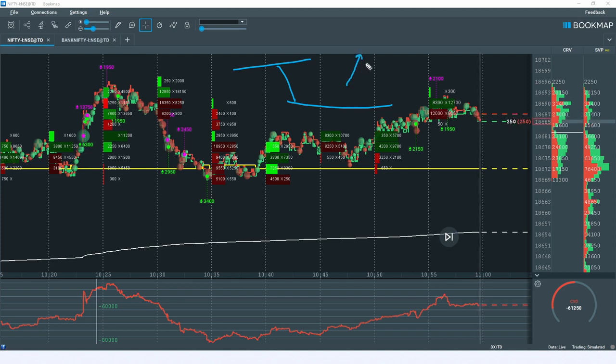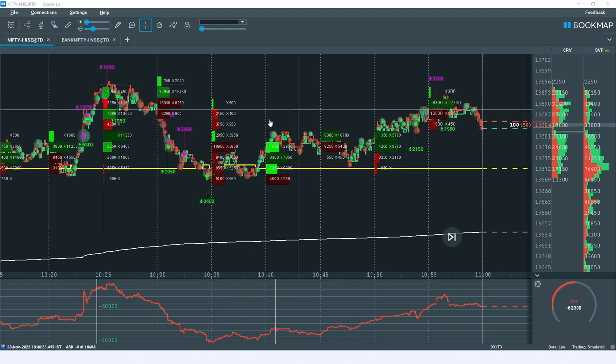That's one piece of information. If the market is moving sideways, then we look for buy low and sell high kind of trading opportunities. So context is important for us.